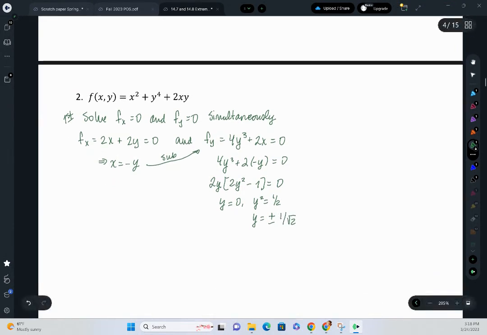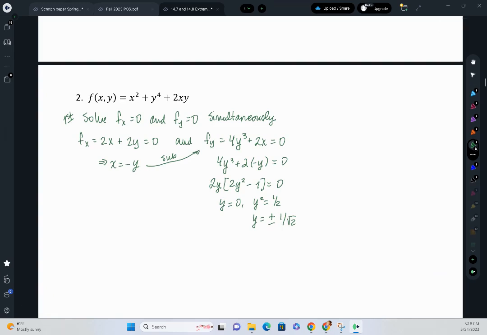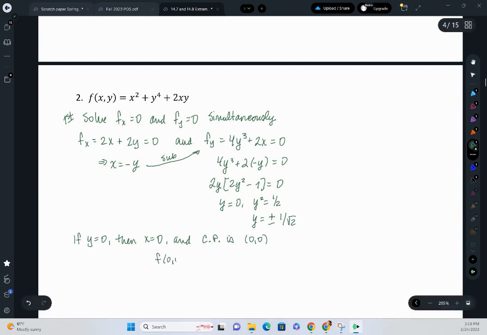Okay, so those are 3 different y values I got, and they all need a corresponding x value. So if y equals 0, then x equals 0, and the critical point is 0, 0. And we know f of 0, 0 will give us a big fat 0.